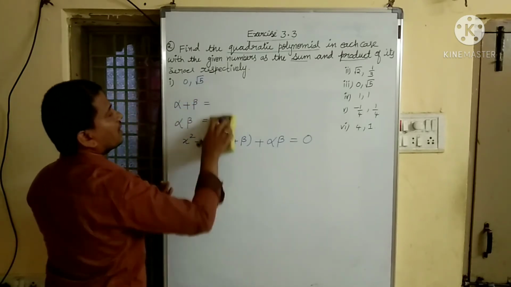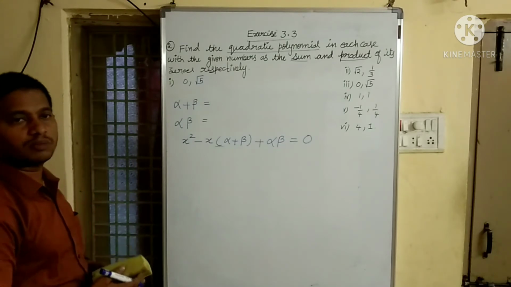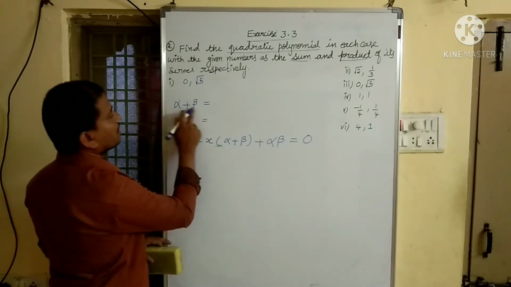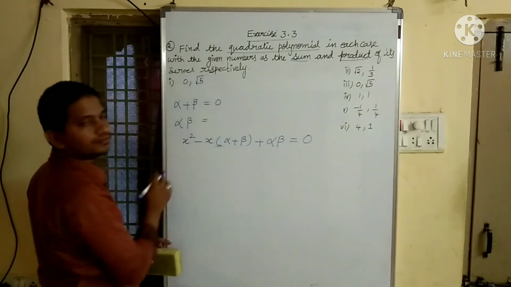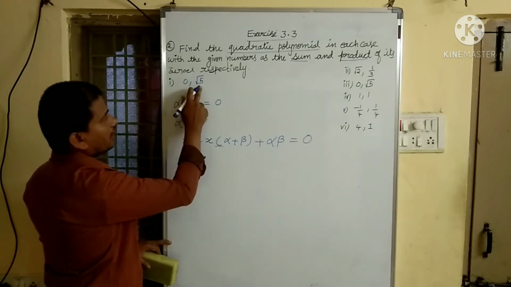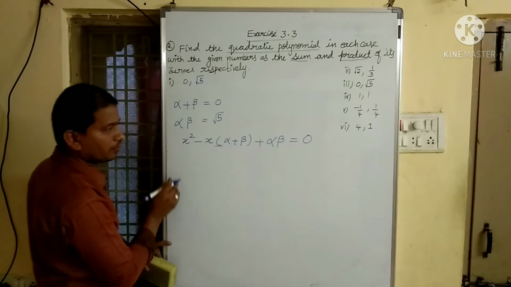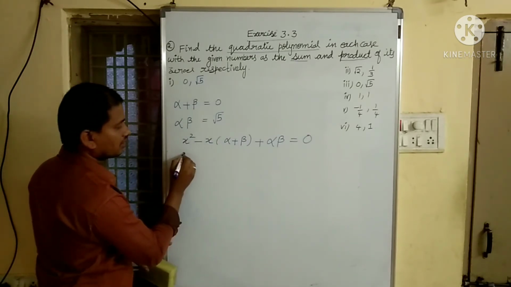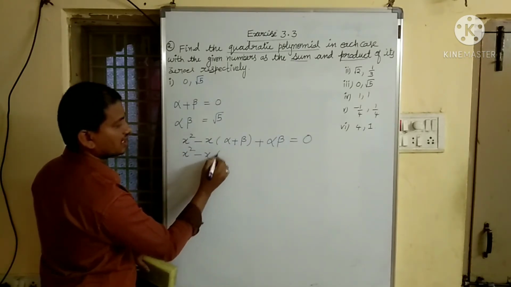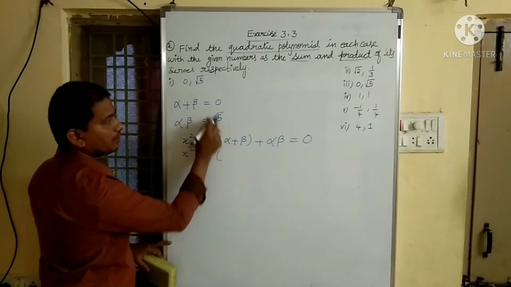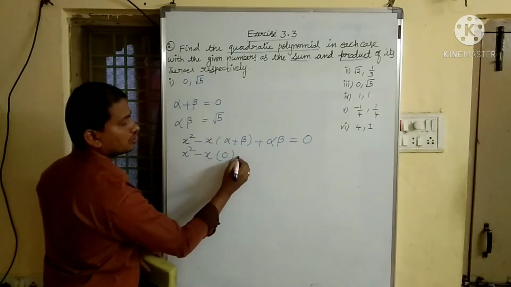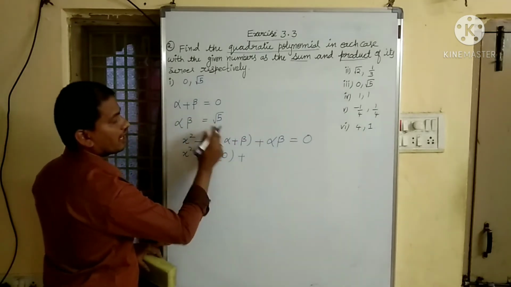a quadratic polynomial. Given numbers as sum, alpha plus beta is equal to 0, and alpha beta is root 5. How to make a quadratic polynomial? We have the formula x square minus x into alpha plus beta value, how much? 0, plus alpha beta value, how much?